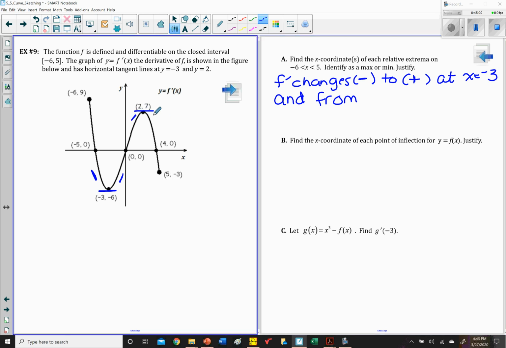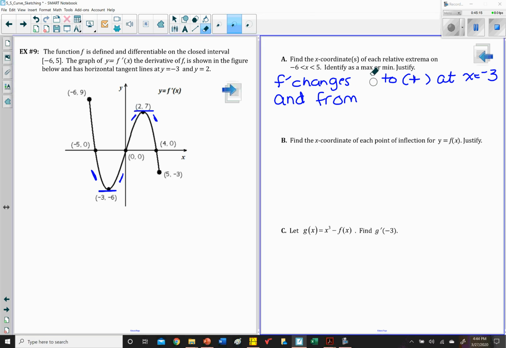And then from positive to negative slopes, F double prime. I like increase and decrease better. I'm rushing through this. Where F prime changes from decrease to increase, and from increase to decrease at 2.